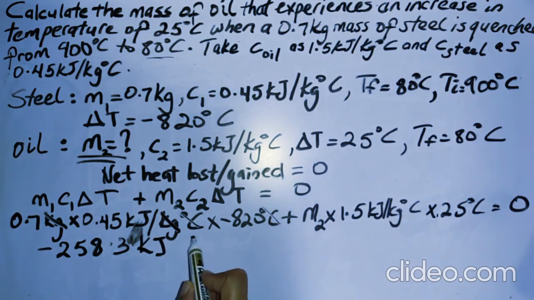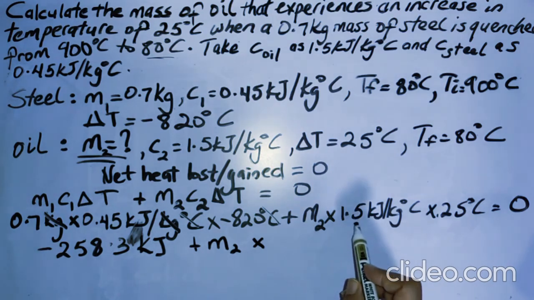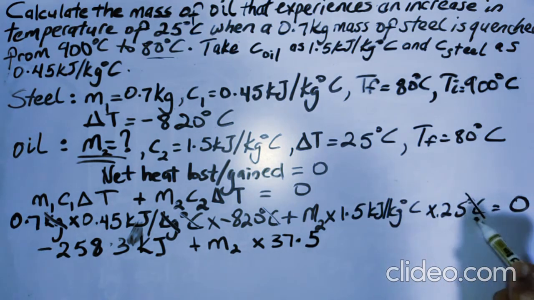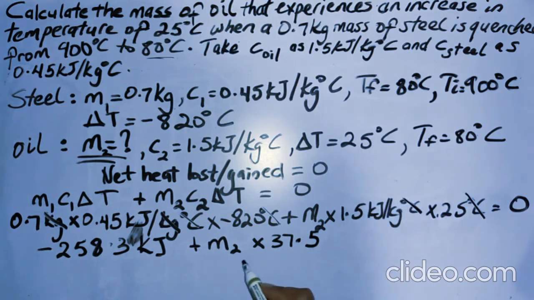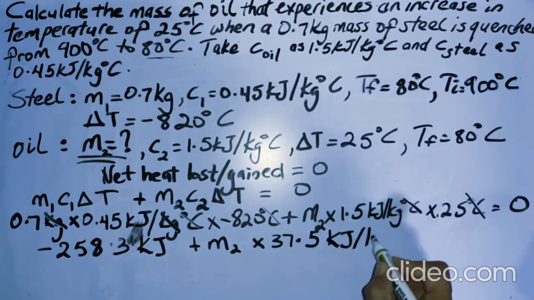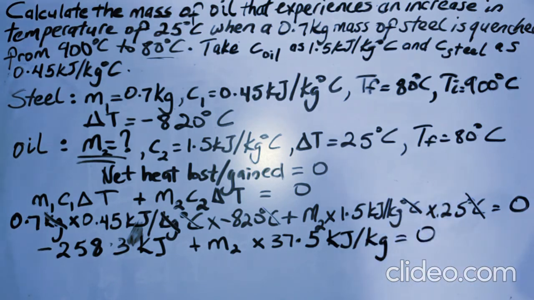Now we have to add that to M2 multiplied by 1.5 times 25, which is 37.5, and we could work the units as well. Degree Celsius and per degree Celsius will cancel, and we'll be left with M2 times 37.5 kilojoules per kilogram. And again, this has to work to 0, so we could simplify this.